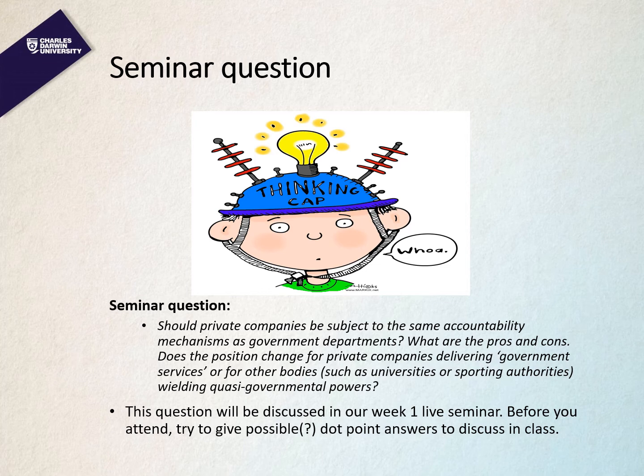Does the position change for private companies delivering, quote, government services, or for other bodies such as universities or sporting authorities that wield quasi-governmental powers? So if they've got powers and authorities that are underpinned by statute, then even though they're nominally private bodies, should they be subject to public law remedies? That's something we will discuss in the Week 1 live seminar.